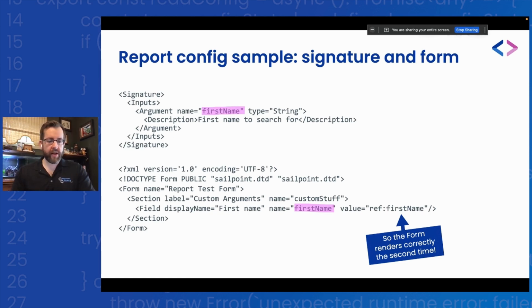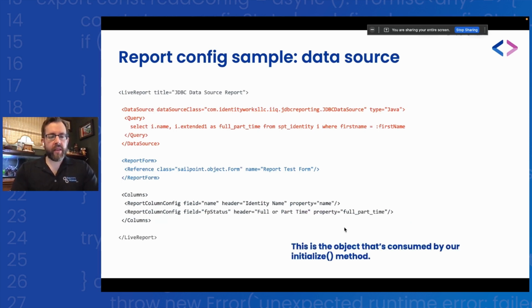It's a standard form, and you just have to have a field in there that corresponds to each of your argument names. So first name, and then you have to set this value to this ref syntax, so the second time somebody pulls up the config for this, all the fields aren't just blank.